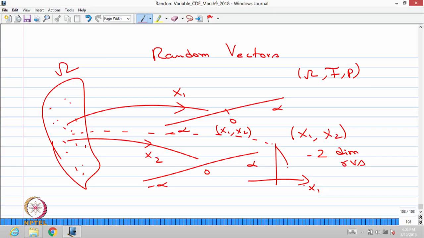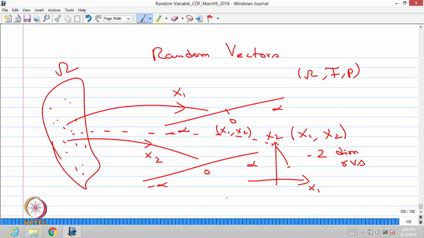This is x1 and this is x2. Earlier x1 was defined from omega to R. Now x1 comma x2 is defined from omega to R cross R. Each one, x1 and x2, is a random variable, and together we call it a random vector of size 2 or a two-dimensional random variable.